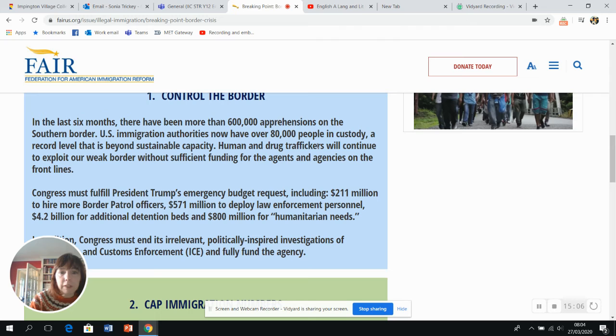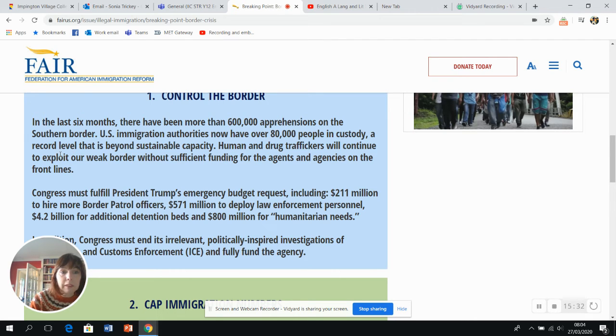Human and drug traffickers are being highlighted, which again serves to support this idea that immigration is a criminal issue, whereas actually human and drug trafficking is perhaps a separate issue to immigration. It's obviously intertwined with immigration, but these are not the only people who are crossing American borders.